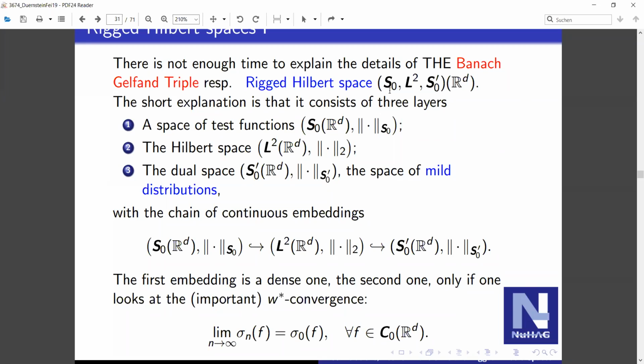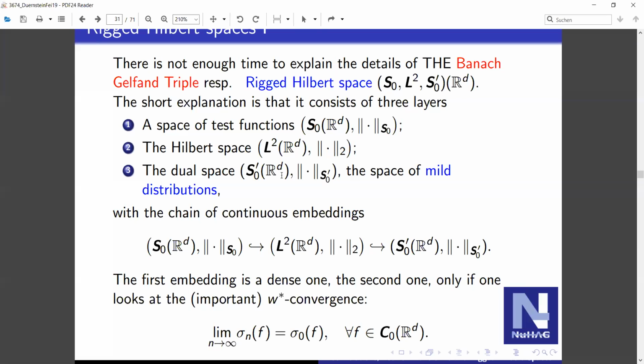What is important, also in an abstract setting, is that S0 is dense in L2, so we can approximate elements from L2. By definition, we take Cauchy sequences with respect to the L2 norm and show that they are elements of S0 prime, which can be reached in the weak star limit, but with a Cauchy condition in the L2 spirit. Now, in our case, we view S0 as a space of test functions.